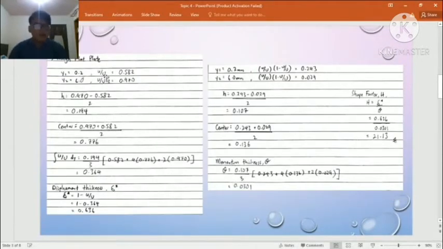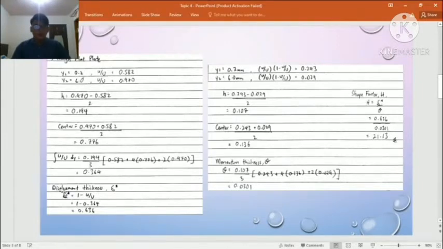Same steps. When y1 is equal to 0.2 millimeter, the velocity ratio will be 0.582. When y2 is equal to 6 millimeter, the velocity ratio will be 0.970. Sorry. And we find h will be 0.194. The center will be 0.776, and we get the integral of 0.364.